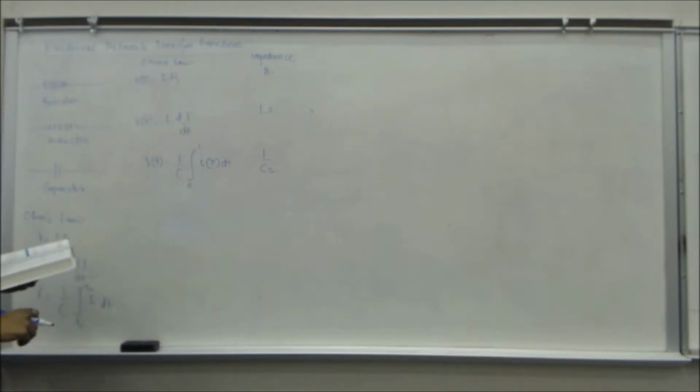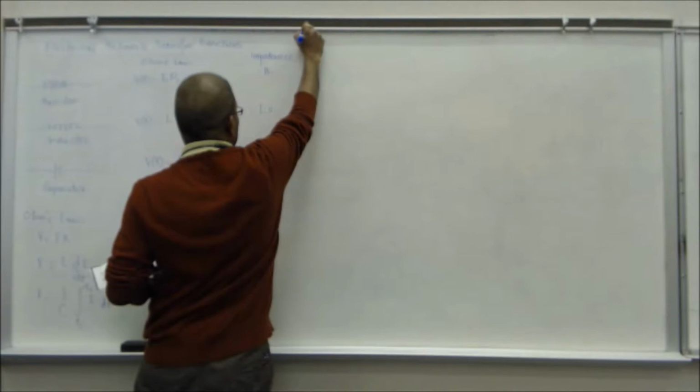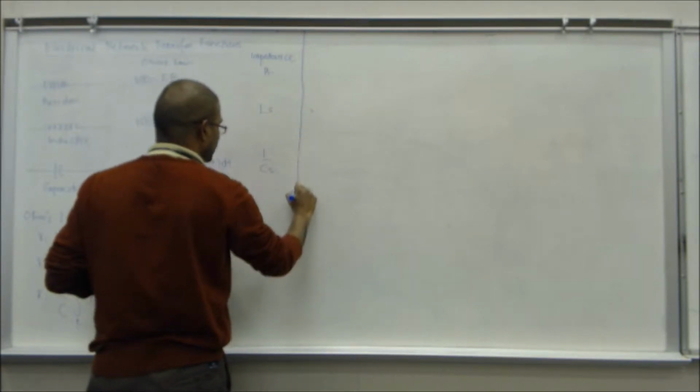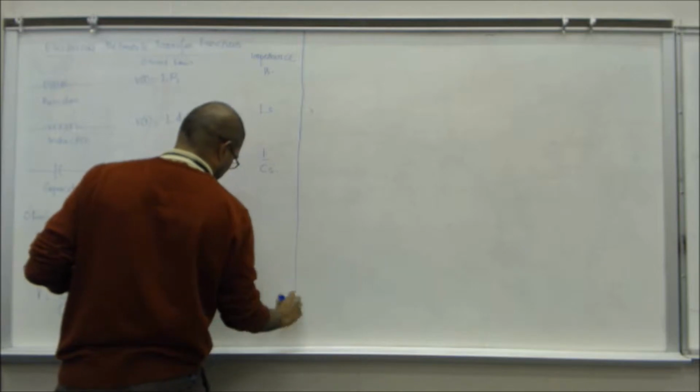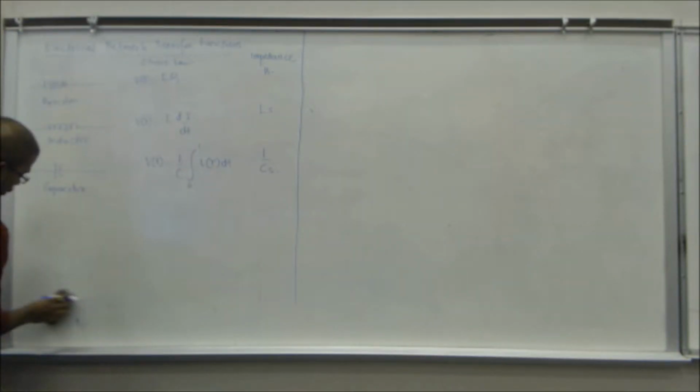Okay. These are the values which you need to really remember. That's how you are going to build your transfer function. What is the input? What is the output? What is the input?